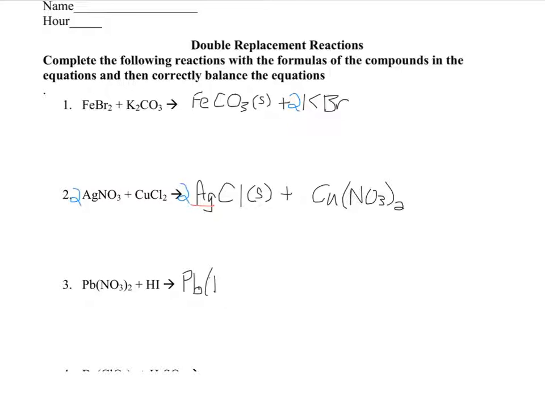Lead 2 iodide is our solid, since it does make a precipitate. The other part is nitric acid, HNO3, and we now need to balance this. I will need to put a 2 in front of the hydrogen iodide and the hydrogen nitrate.